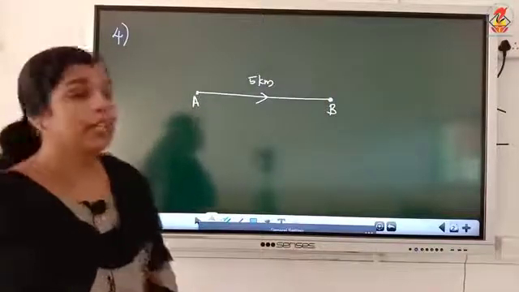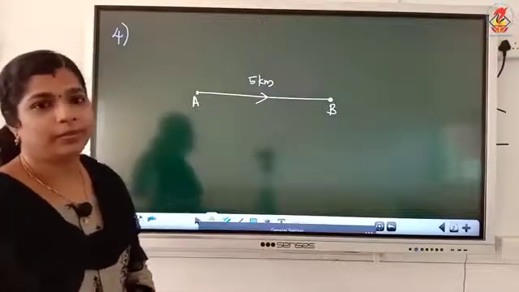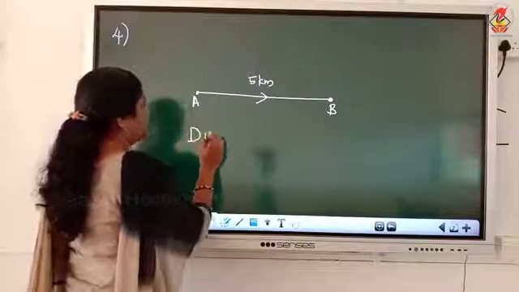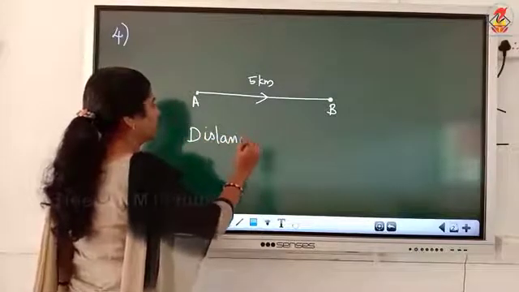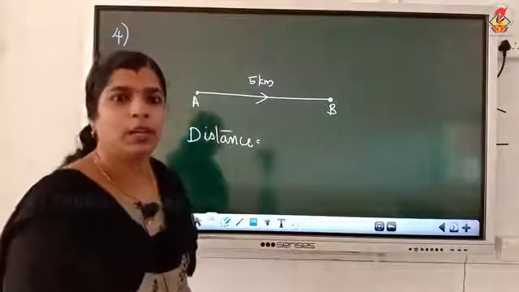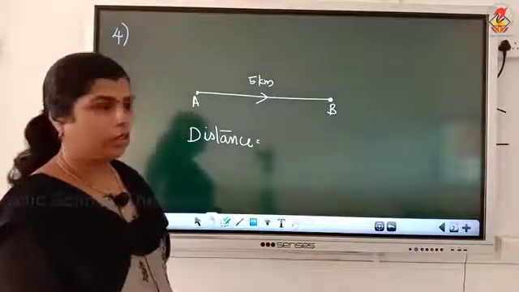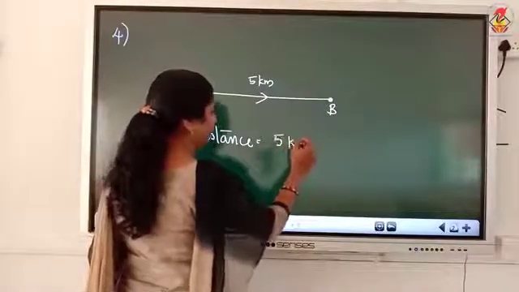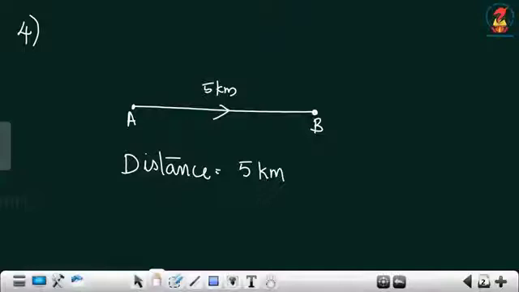So, you need to find the distance and displacement. How will you find distance? What is the length of the path travelled by the object? The path length is given as 5 km. So, you got the distance as 5 km.